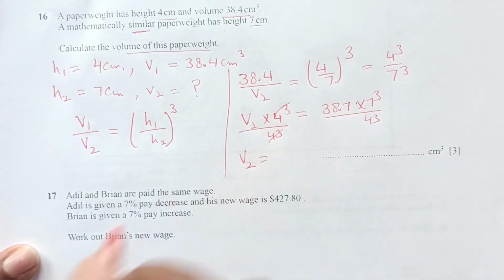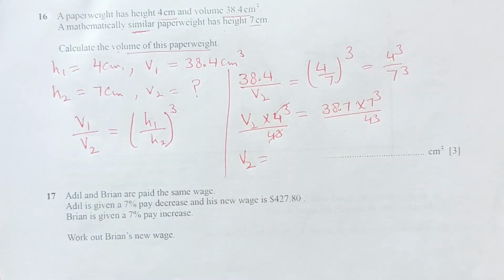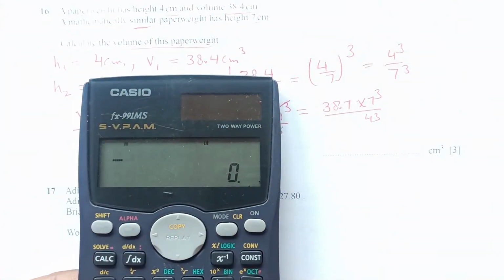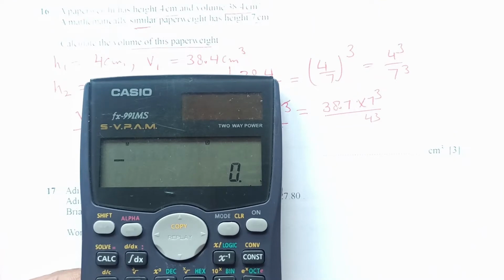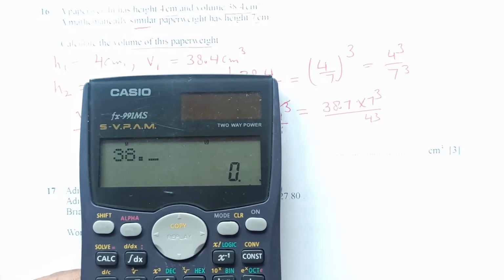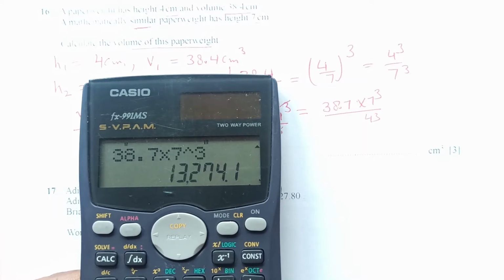So V2 is going to be, let's see, we have here 38.7 times 7 cubed, and then divided by 4 power 3.